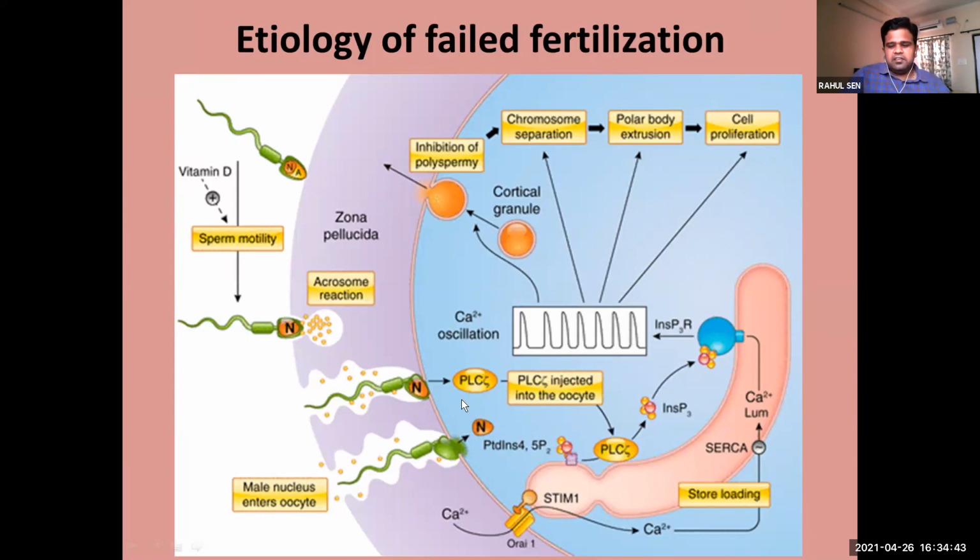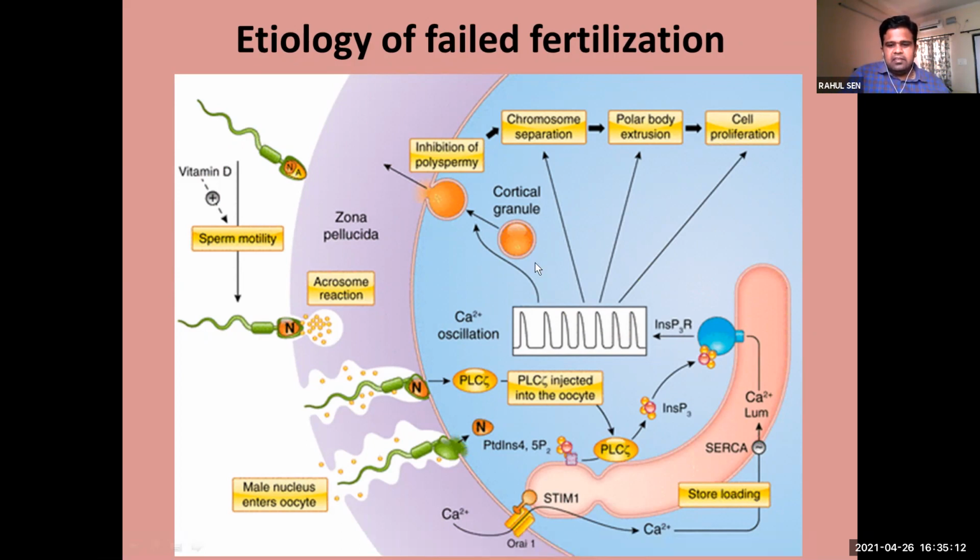This PLC zeta enzyme hydrolyzes, setting off a further cascade of other enzymes that helps in releasing calcium from the smooth endoplasmic reticulum, and this calcium is released in spikes at different levels. These spikes at different intervals are known as calcium oscillations.